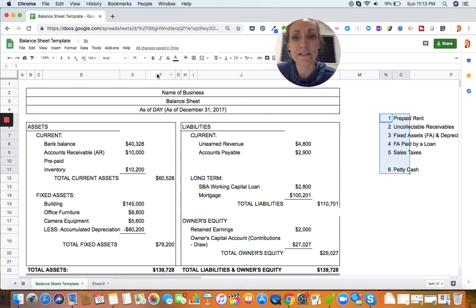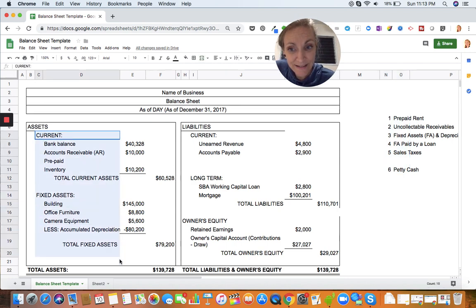So first, let's just review the balance sheet and the types of accounts that we have on the balance sheet. So the balance sheet is kind of the big picture report for a business and value. And you'll remember we covered this in the Appendix A, going over accounting. So now we'll take a closer look at what's on the balance sheet.